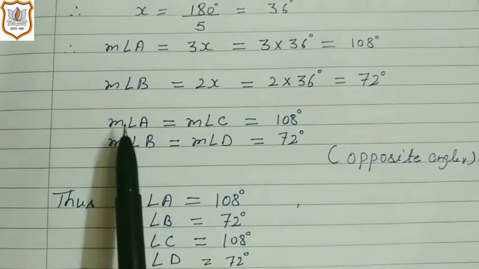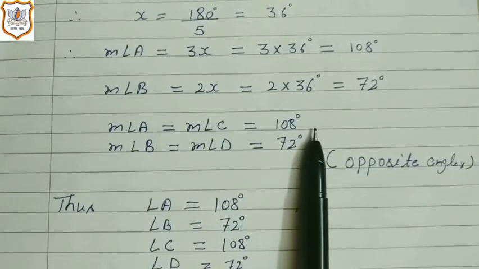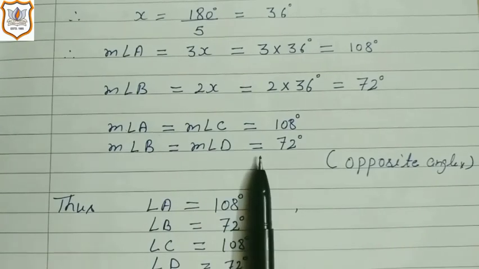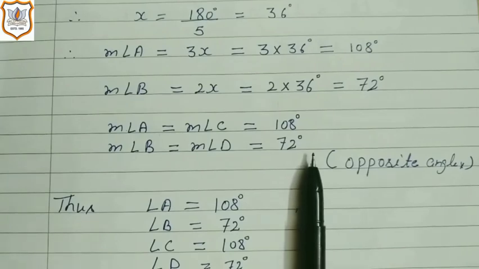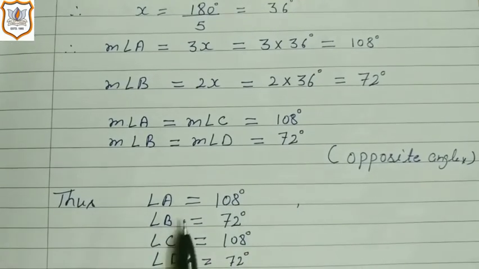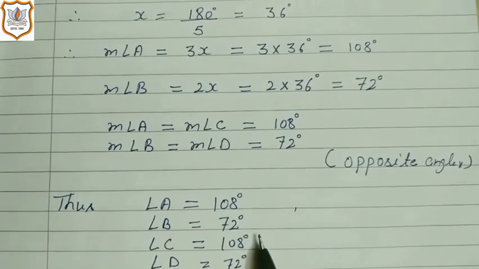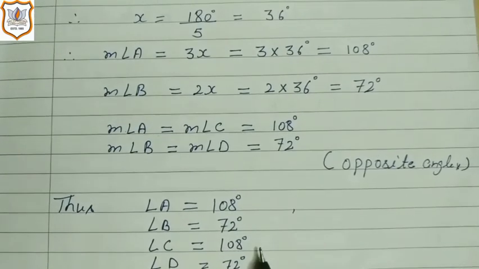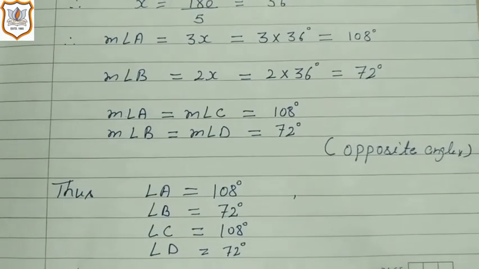Now measure angle A is equal to measure angle C is equal to 108 and measure angle B is equal to measure angle D is equal to 72 degree because these are opposite angles. Thus angle A is equal to 108, angle B is equal to 72 degree, angle C is equal to 108 and angle D is equal to 72 degree.